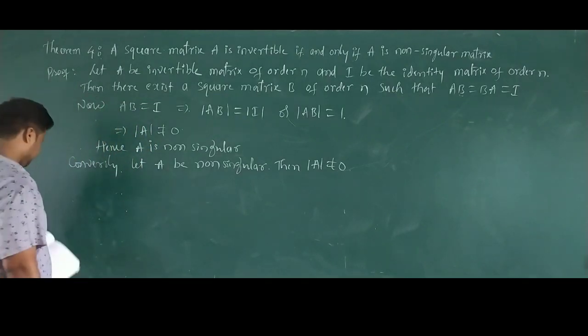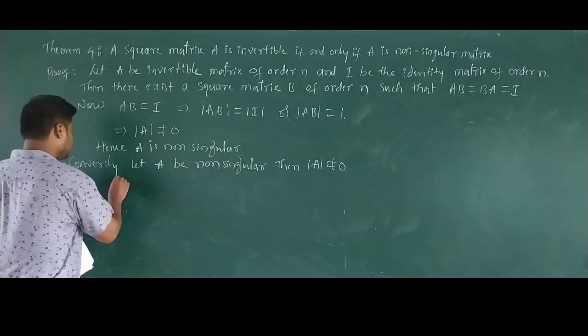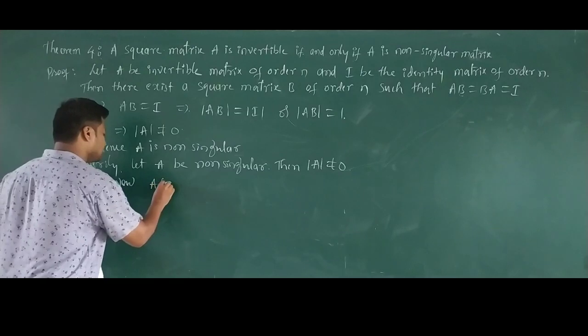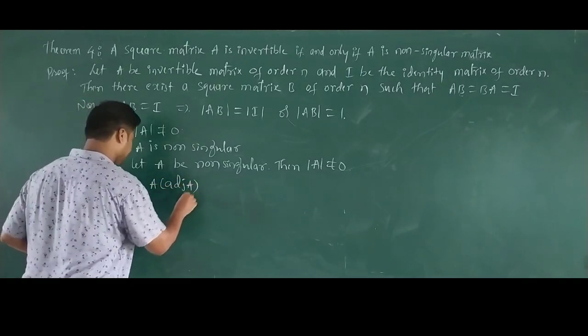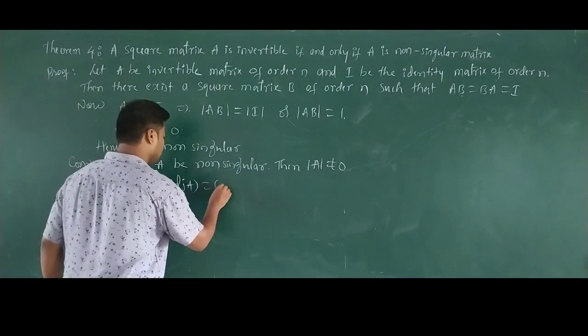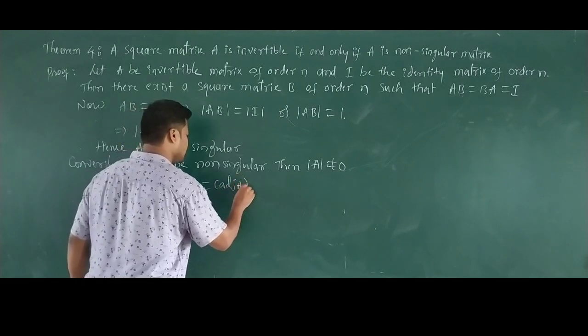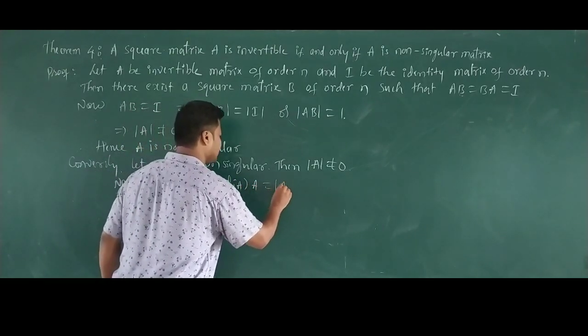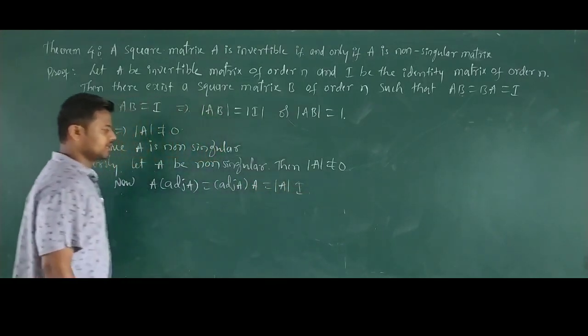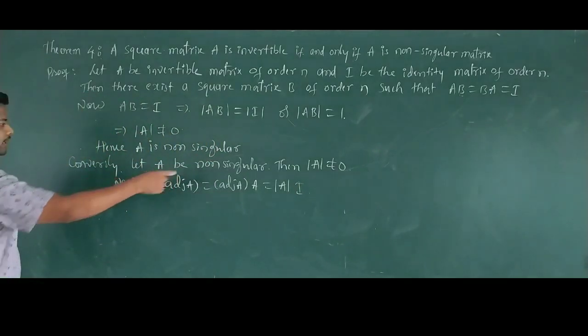Now A into adjoint of A equals adjoint of A into A, and this equals determinant of A into I. You already know this condition; it is noted already.